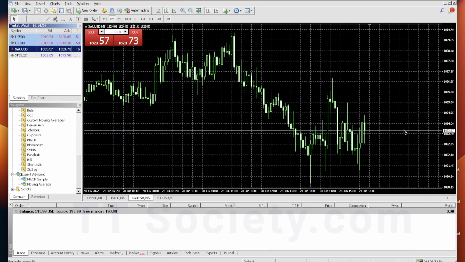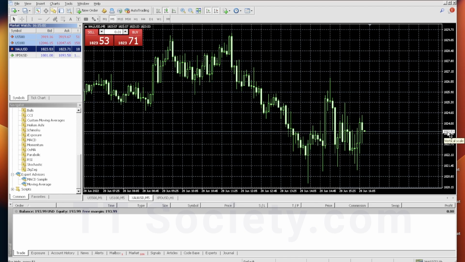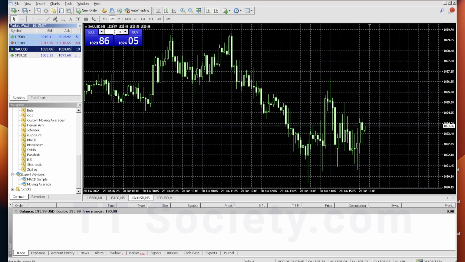The current price of 1 ounce of gold is fluctuating here, $1,823. That means if we would buy 0.01, the contract size being 100, we will be buying 1 ounce of gold.